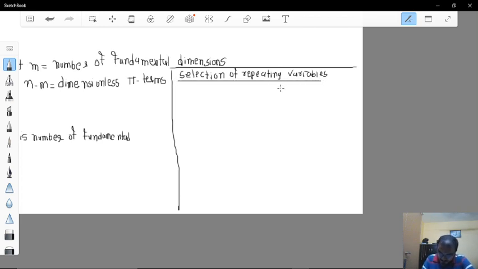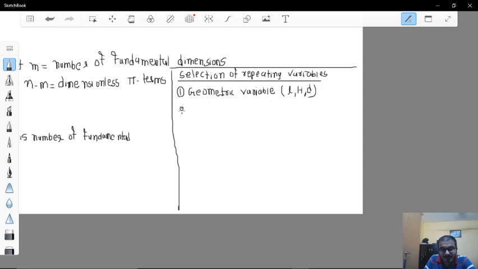So here we need to select one geometric variable, which can be length, height or a diameter also.